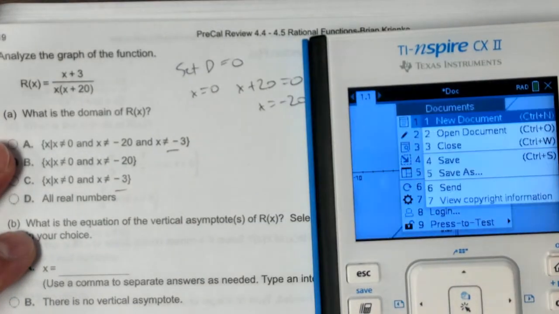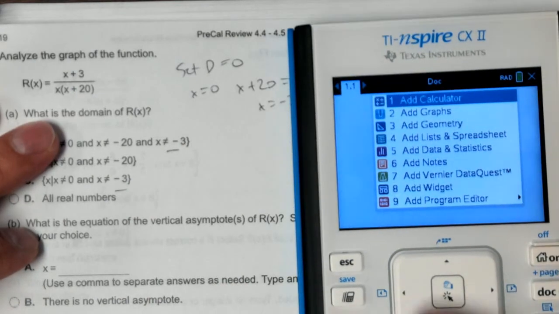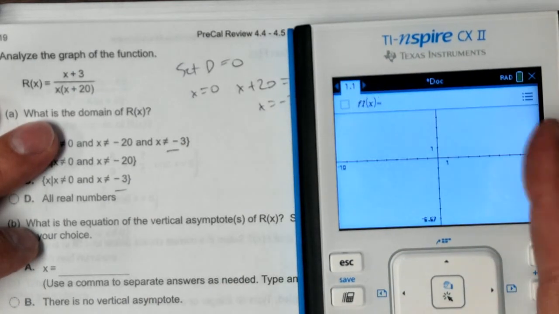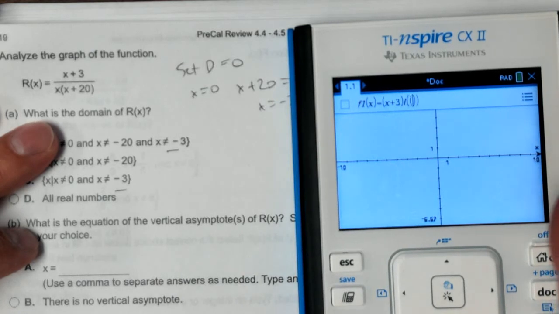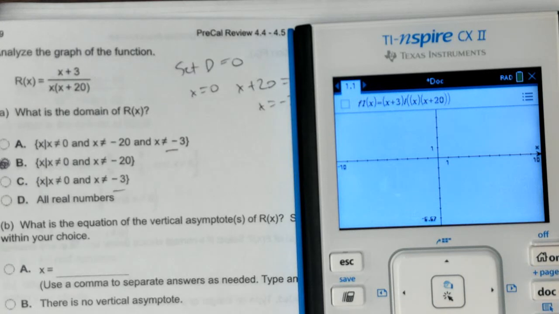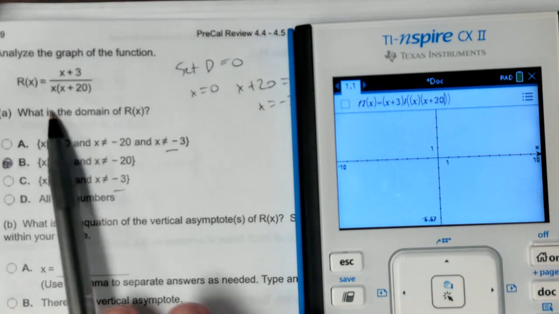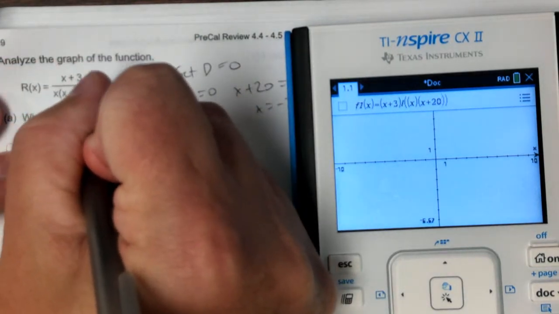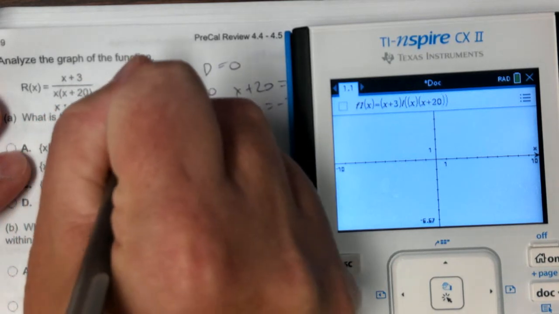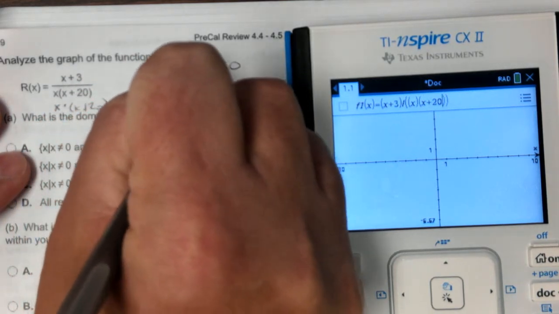Again, if you want to graph it to double check your work, you can. So we have x plus 3 over x times x plus 20. Just as a quick reminder before I press enter, when you have x times x plus 20, you either need x dot x plus 20 or you need x and then x plus 20.